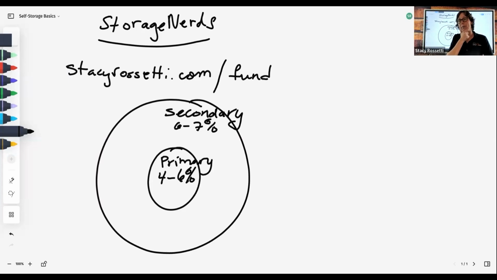In secondary markets, a lot of times you're going to have standalone cities. Tallahassee is a standalone city and doesn't really have a lot of suburbs. It's just a big city and everybody lives in Tallahassee. Savannah is just a city and everybody kind of lives in Savannah.